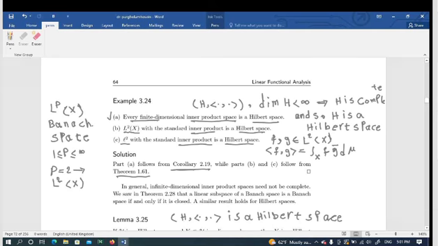We know that every finite dimensional normed space is complete. So if H with an inner product is finite dimensional, it will be complete, so it is a Hilbert space. So one example of a Hilbert space is a finite dimensional inner product space.